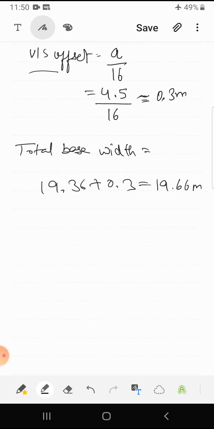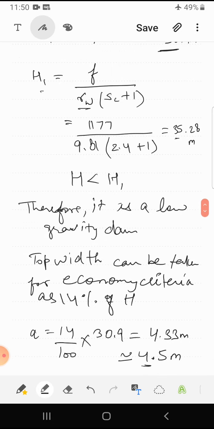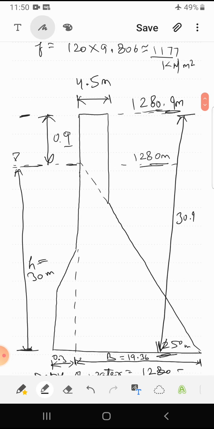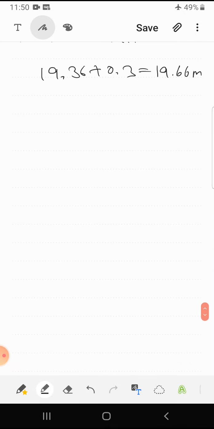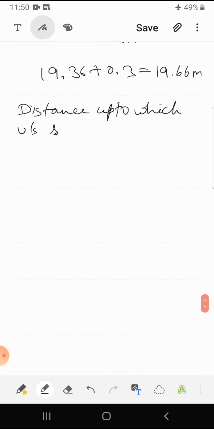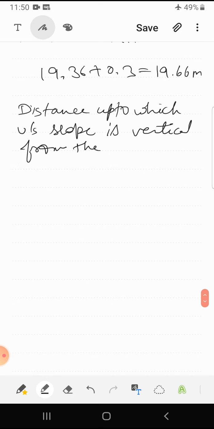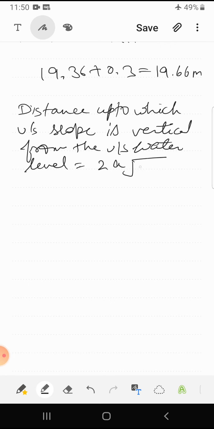Now we have to calculate the distance up to which the upstream slope is vertical from the upstream water level. It means up to what depth from the upstream water level the upstream face of the dam will remain vertical. We have to calculate this height. The distance up to which upstream slope is vertical from the upstream water level is calculated as 2a under root SC. 2 into a, which is 4.5, under root SC.